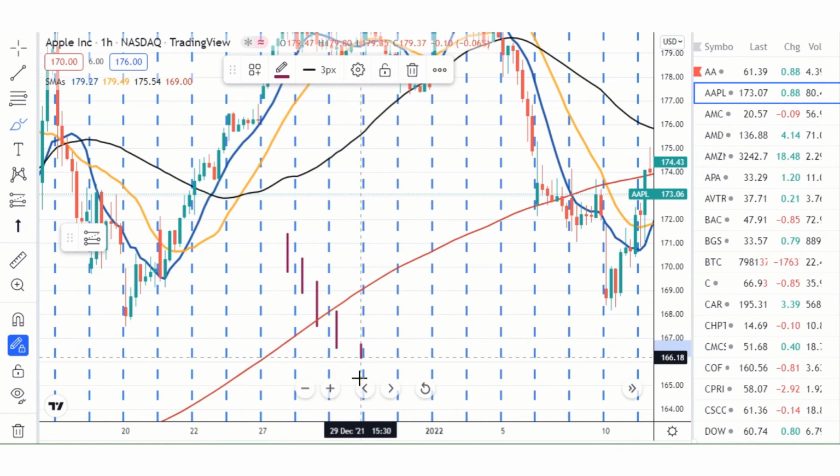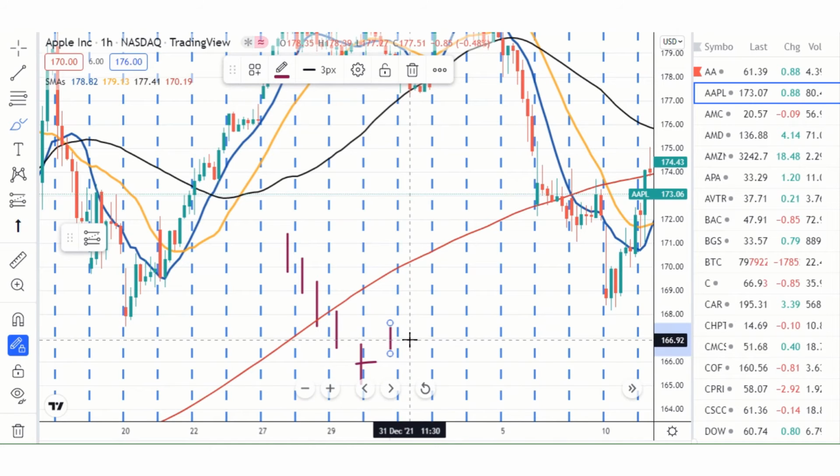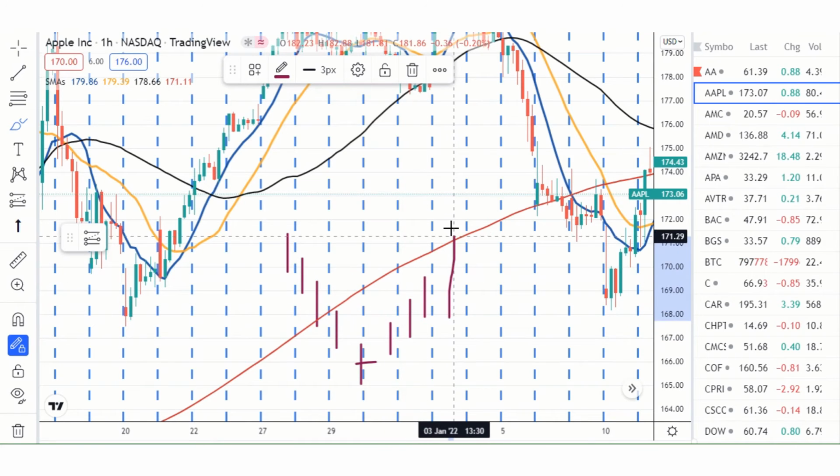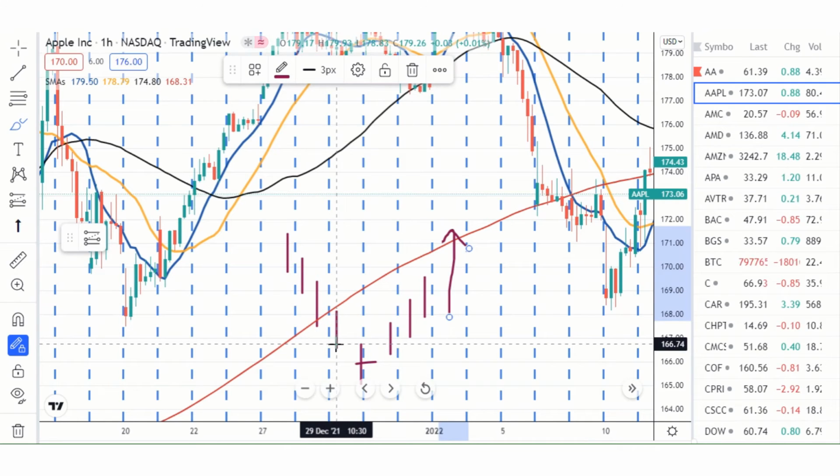Then you're going to have one that usually dips a little down with a small body. Then the next candle will be up above it a little. The next one will be up, and that's your indication your stock is heading up. So that will be your morning star candle.